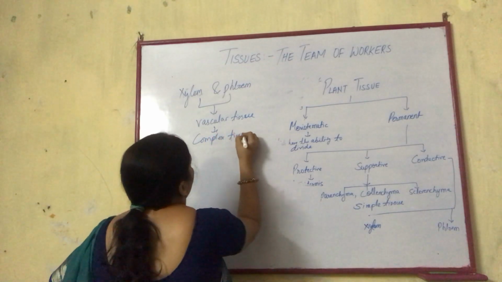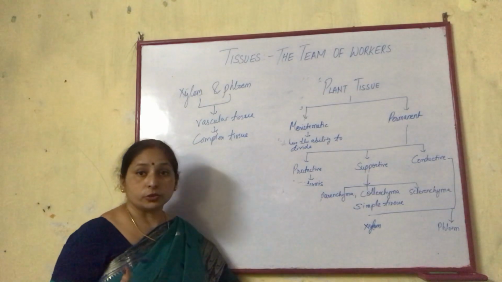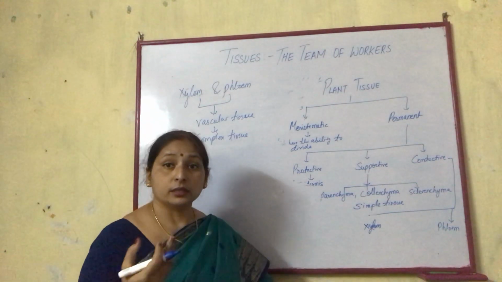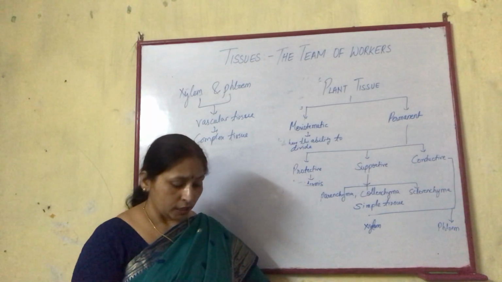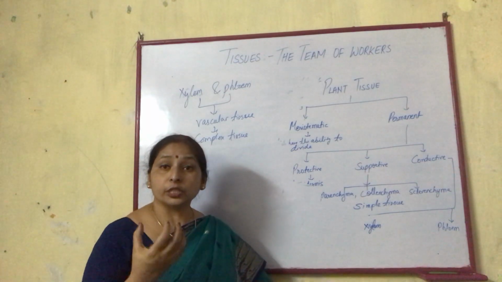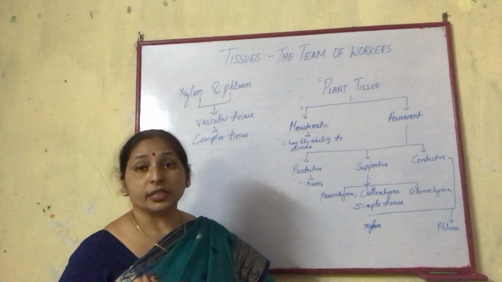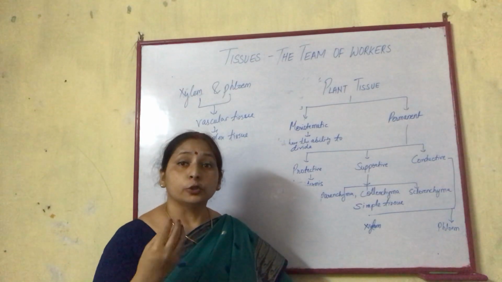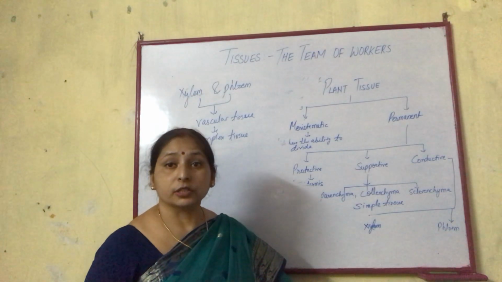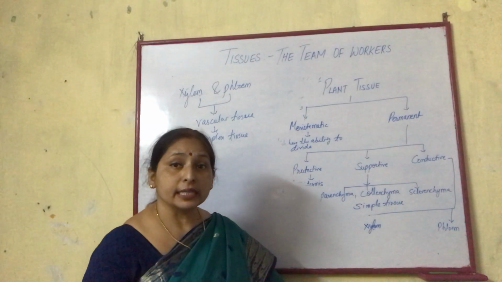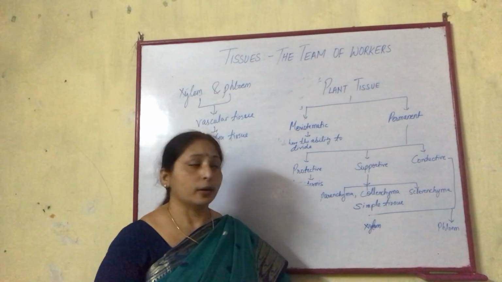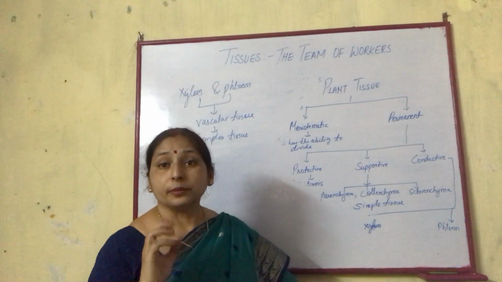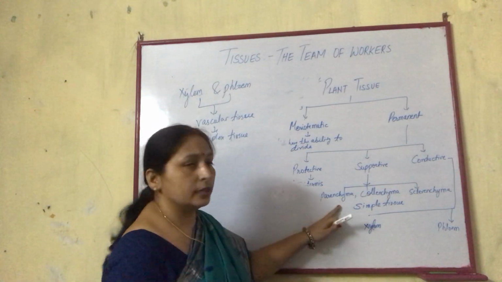Now why are they called complex tissues? In a tissue, the cells are a team of workers working together. As the definition of tissue says, it is a group of cells performing a specific function. When the cells are of similar shape and size, they form a simple tissue.